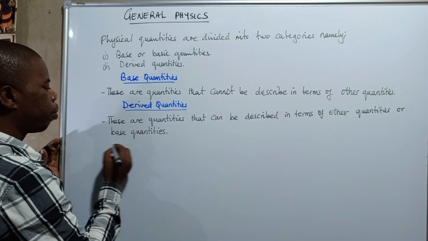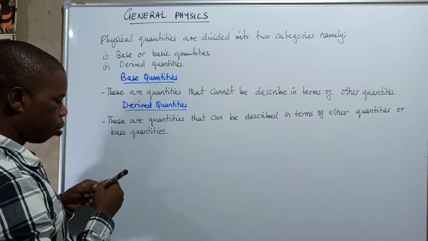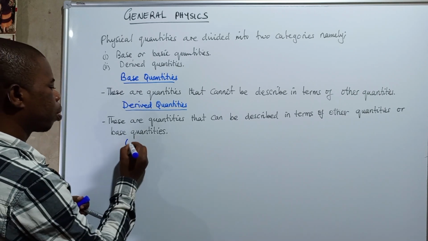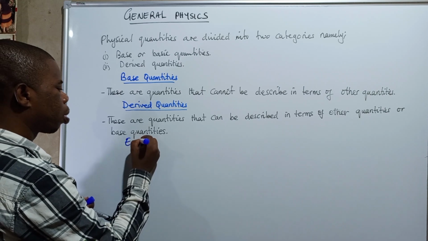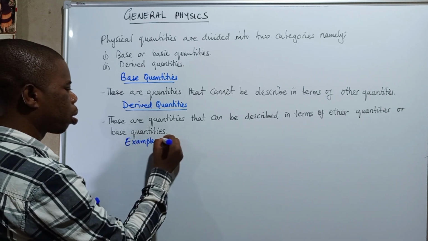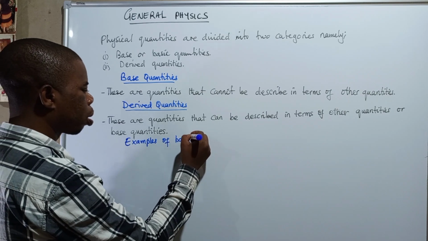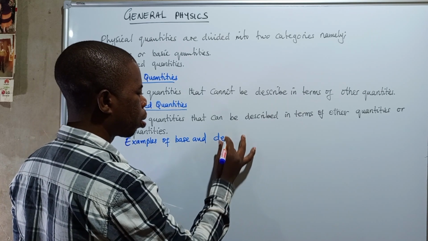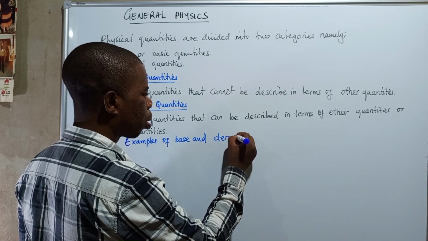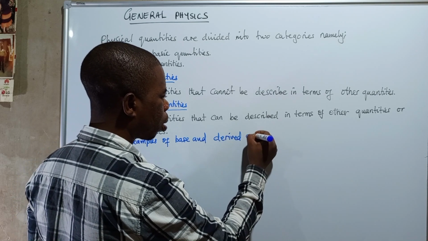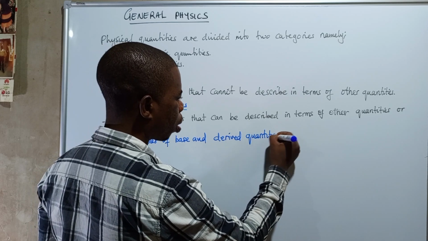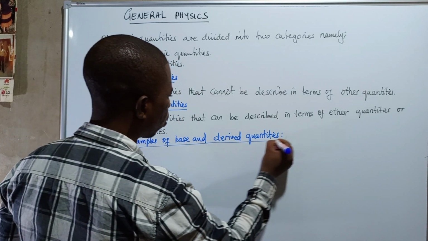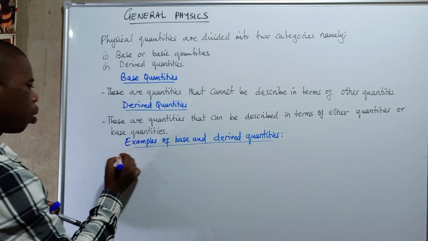So look at the table. Examples of base and derived quantities. This is the table that I'm going to have.